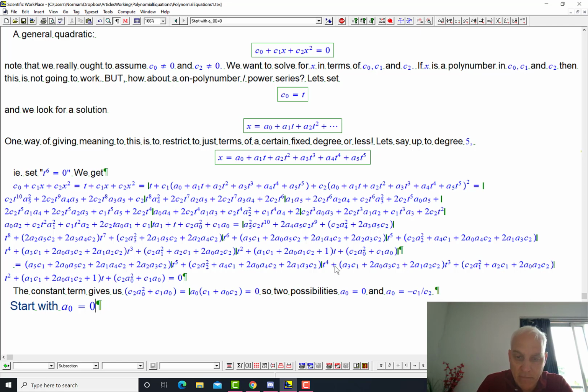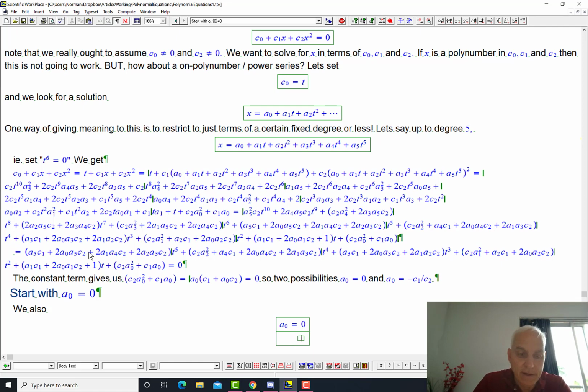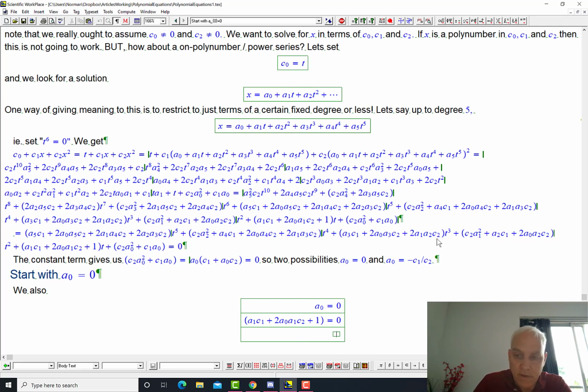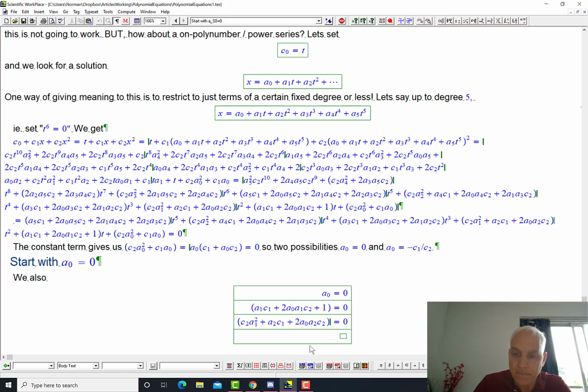But we want this entire polynomial in t to be 0, so we also get a number of conditions. So a sub 0 equals 0, we're agreeing on that. And then the linear term here, that's going to be 0. The quadratic term, that's got to be 0.